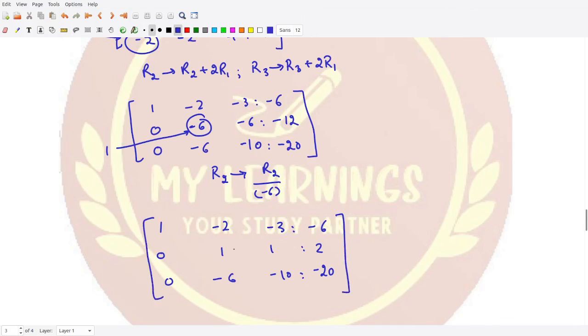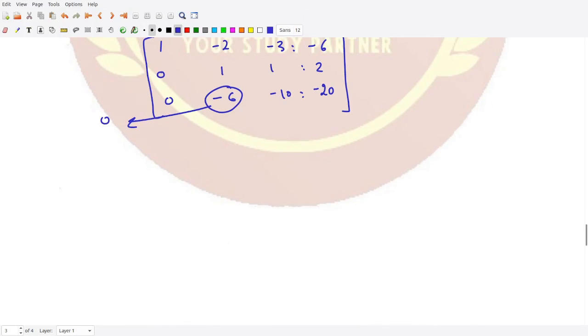Now once we have made this element as 1, we wanted to make this element now as equal to 0. So how we can make this element as 0? We can apply the row operation on the third row, that is on R3 we could apply the operation that R3 plus 6 R2, right? Because we wanted to make this element as equal to 0, and we can use row 2 for that.